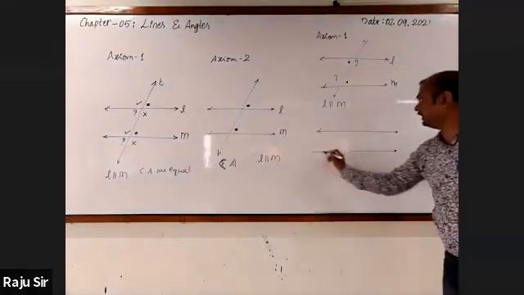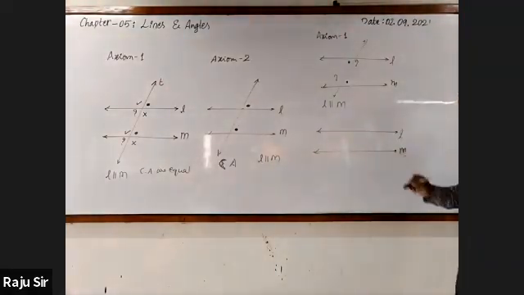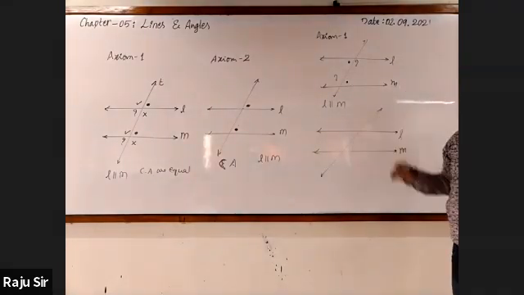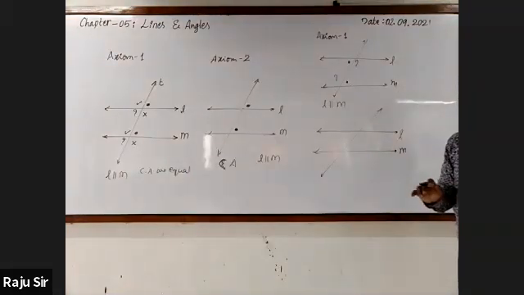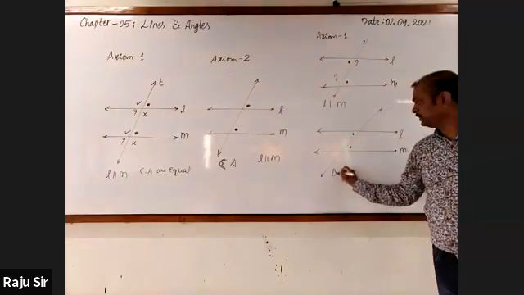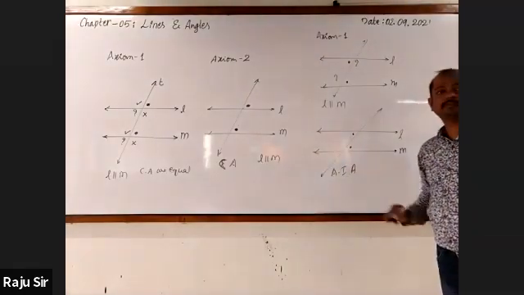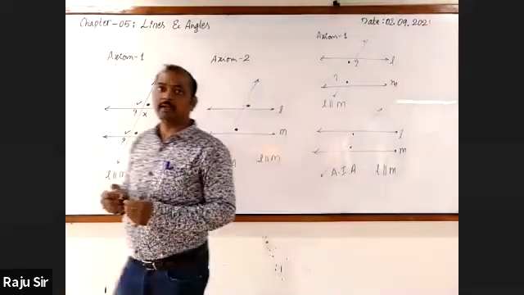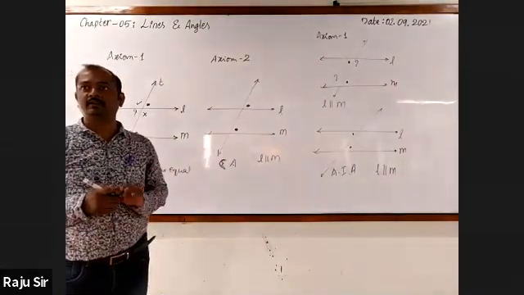I'll take again two lines, L and M. Let me draw a transversal such that each pair of alternate interior angles are equal. Then what do you say about the lines? L is parallel to M. Clear?